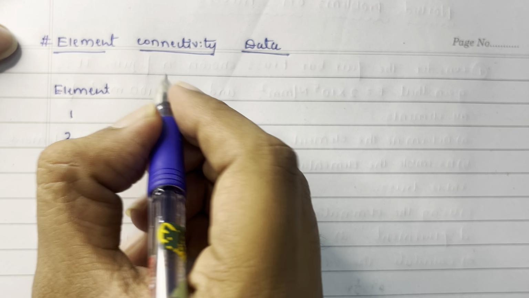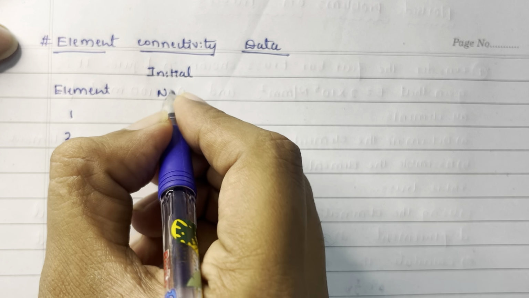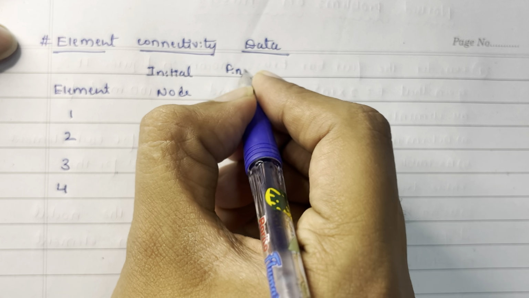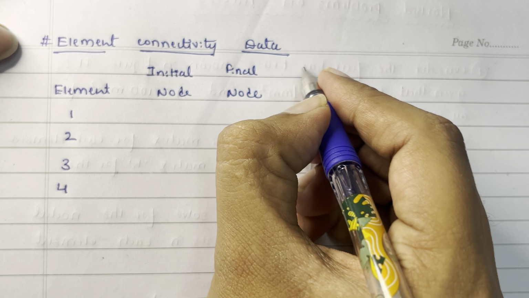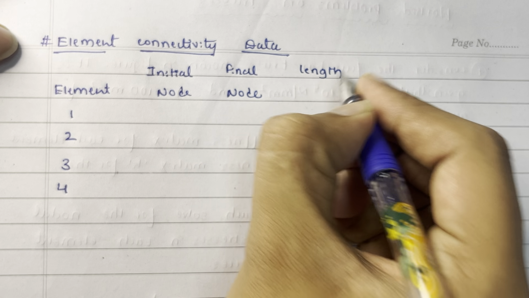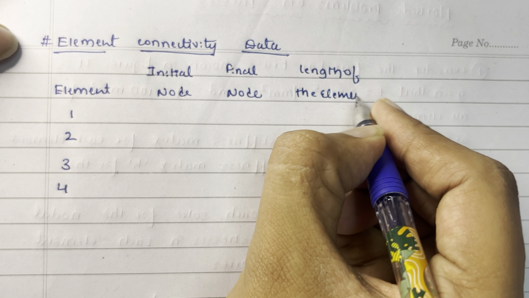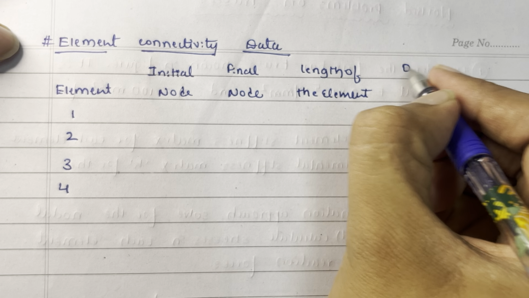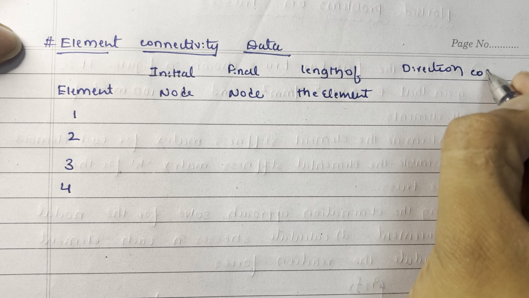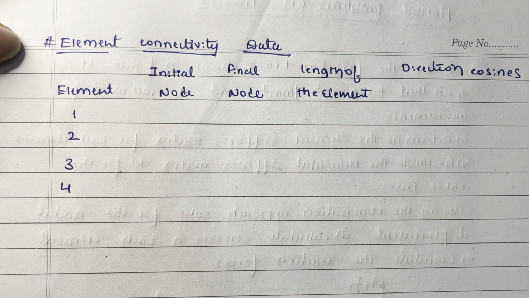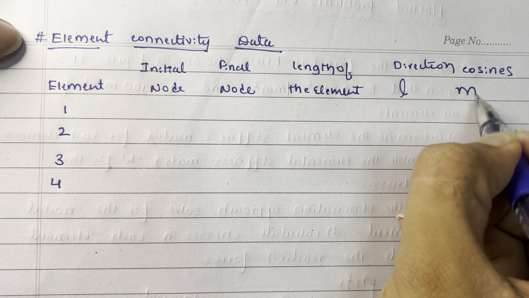Next, initial node and final node, then length of the element, then direction cosines, that is L and M.